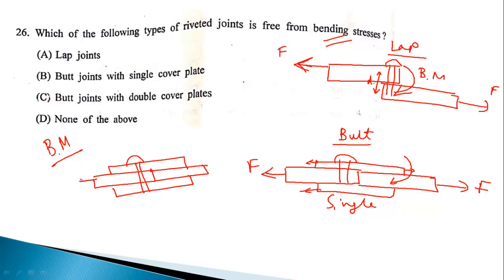But in the double cover there is no couple between the two main forces, and if some force is generated, it will be countered by the bottom plate. So the double cover plate is the best one because it's free from all bending moment and bending stresses.